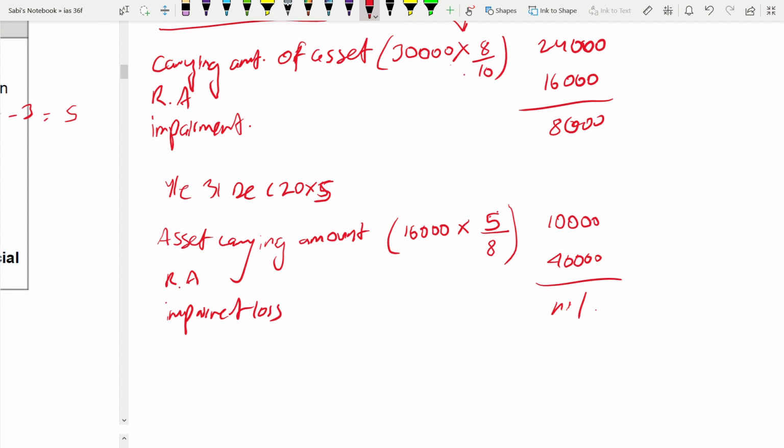But you have to explain this also. There is no impairment loss; there has been a complete reversal of the first impairment loss. Now you have to find out the reversal amount, how much you can reverse. For that, you have to find out the carrying amount of the asset if impairment did not take place.